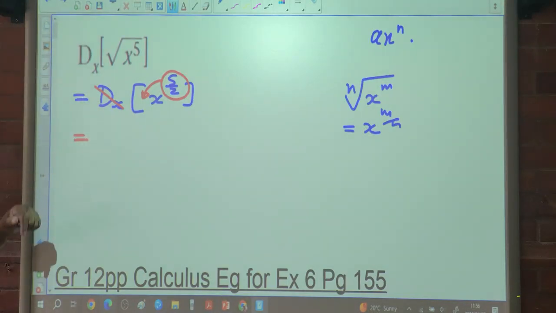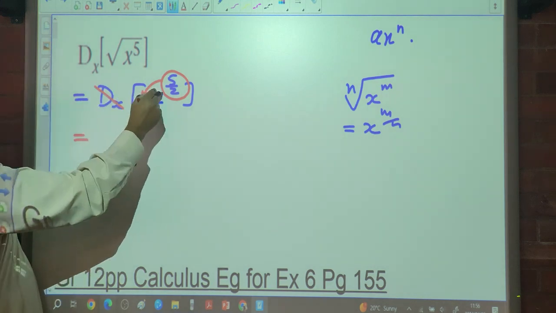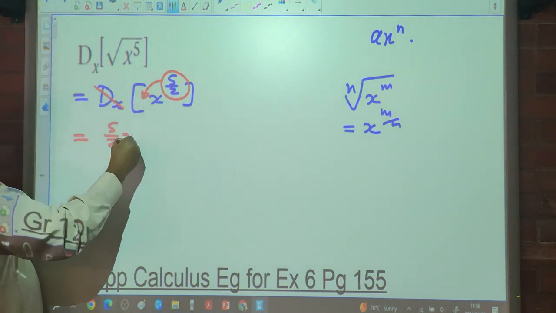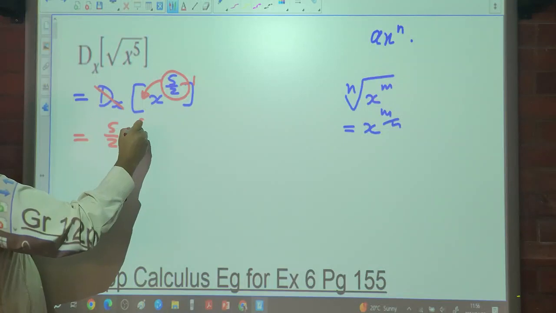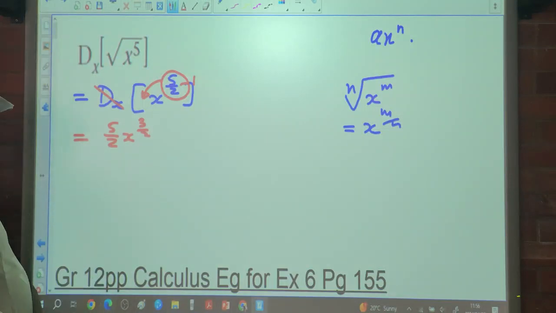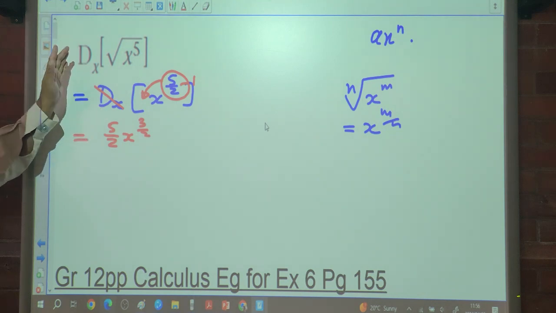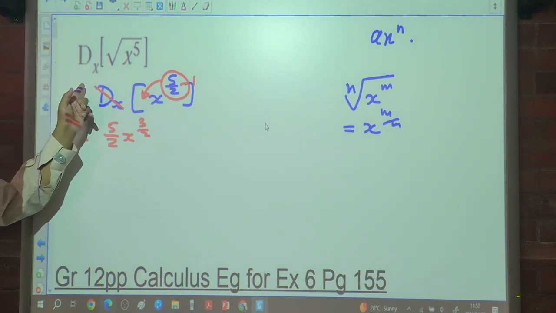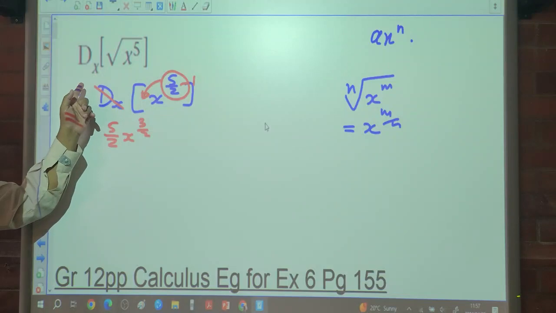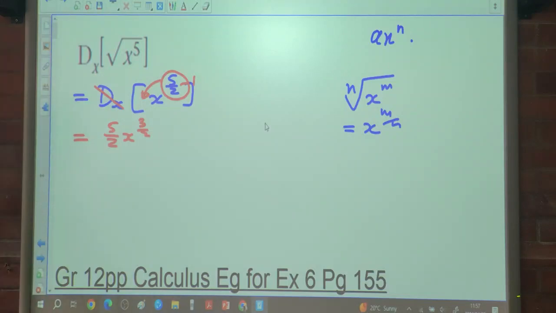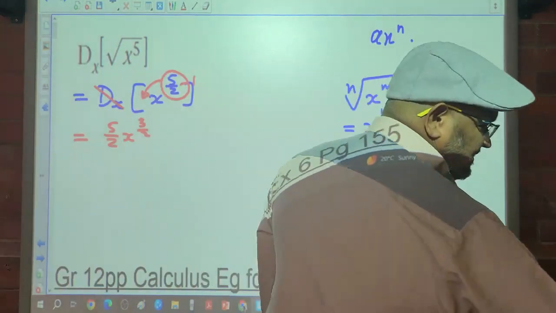So we apply the derivative, what do we get? 5 over 2x. If I minus 1 from that, I get 3 over 2. And you see the variation here: there's no y and there's no f prime x, but there's a d, which means the derivative. Any confusion there?